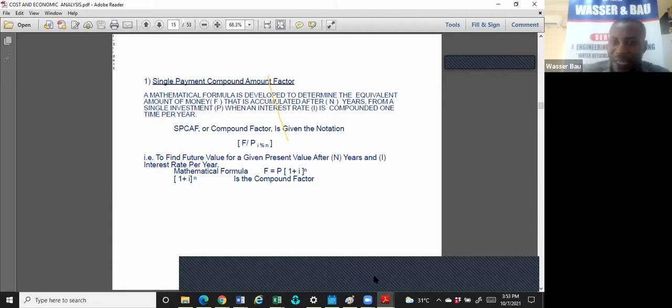So you simply multiply the present value by, okay, let me give a very practical example. If I borrow 10 million at 10% interest, how do I know the amount I will pay back after 1 year?